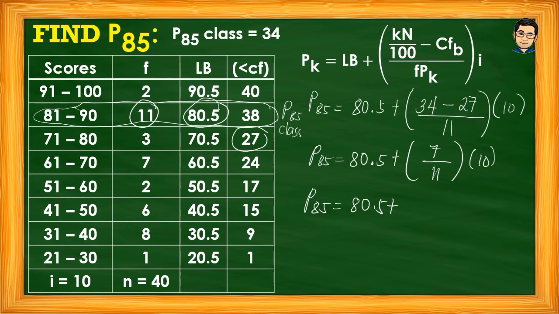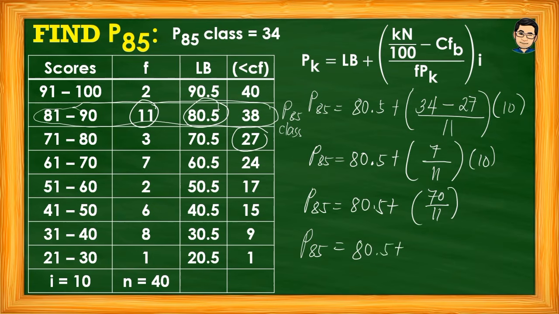Next, 7 times 10, that is 70 over 11. Now, if we are going to divide 70 by 11, meron siyang tawag dito, repeating decimals.